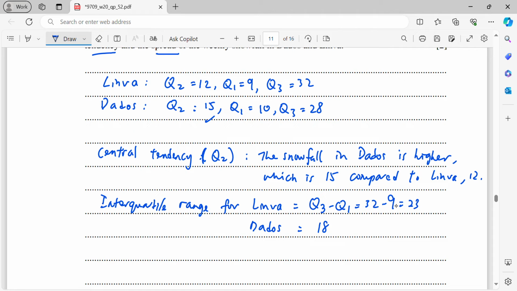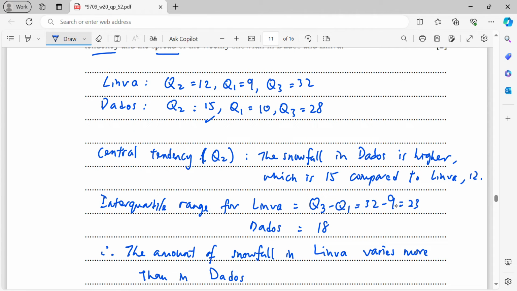So from here, I will just say the amount of snowfall in Linhua varies more than in Dados due to bigger interquartile range.